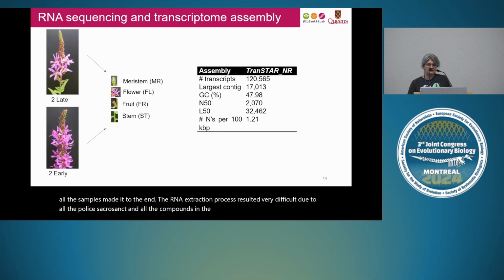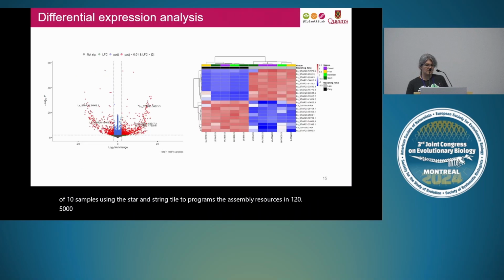I assembled the transcriptome of 10 samples using the STAR and StringTie2 programs. The assembly resulted in 120.5 thousand transcripts. I also did a differential expression analysis of the transcripts with different tissues and flowering time as factors in the DESeq model.